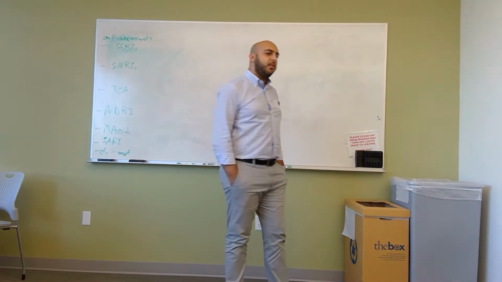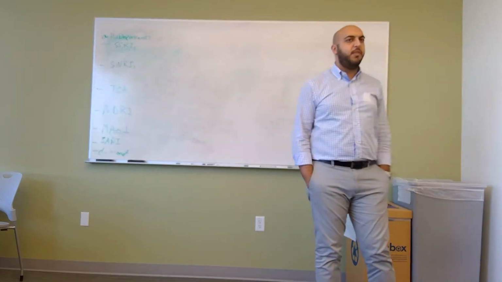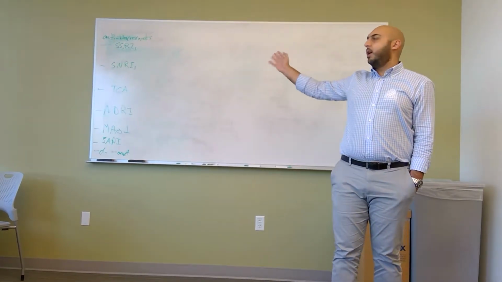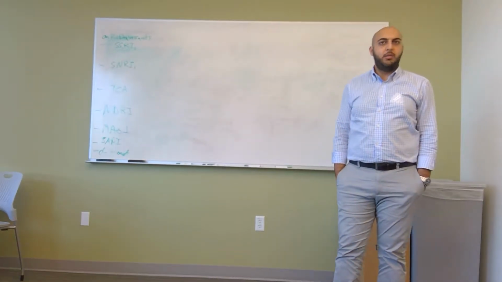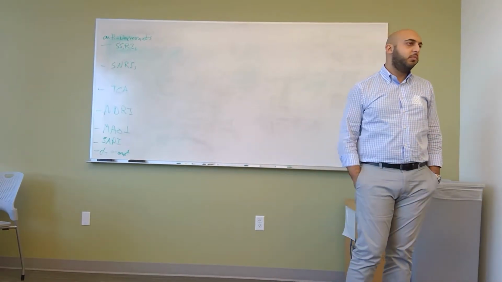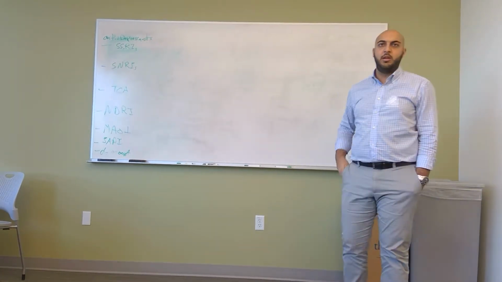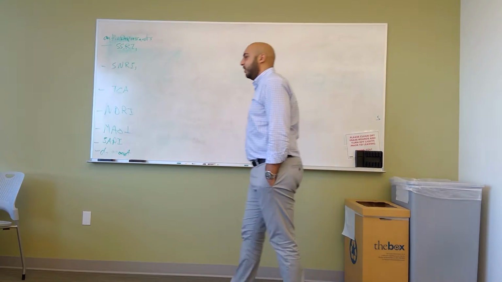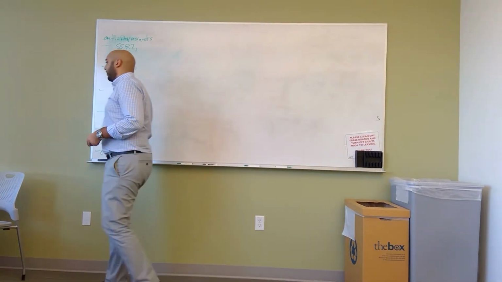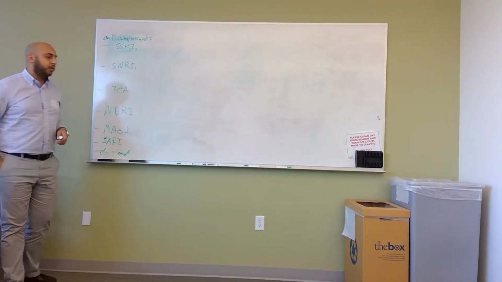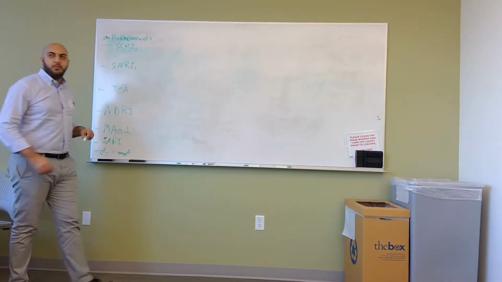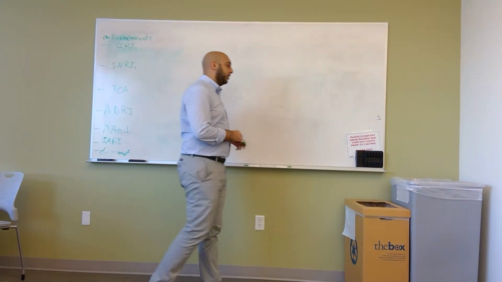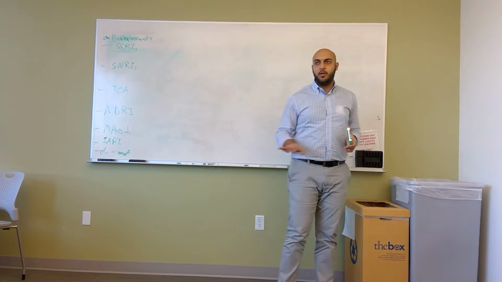So if you can identify these side effects of TCA, you'll be able to make sense of why we have SSRI and SNRI, and you'll be able to describe some of these side effects off the top of your head, even if you don't have any information about the drug. So let me start with TCAs, then go to the traditional SSRI, SNRI flow.